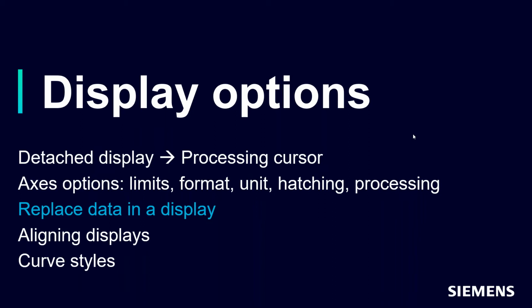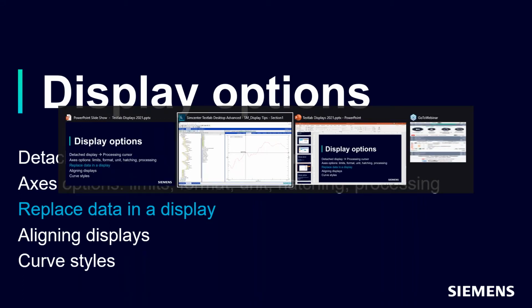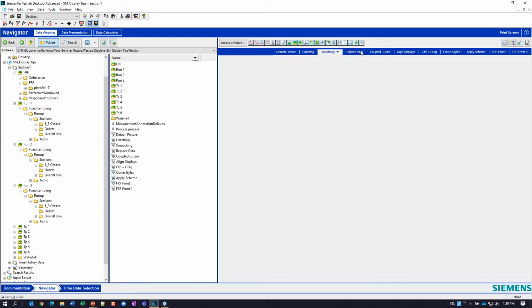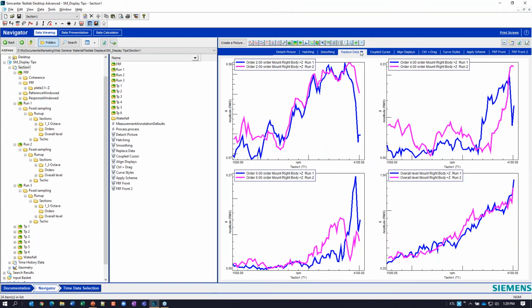Okay. So hopefully you see replace data in a display as highlighted as our next topic. So I'm going to go back to Test Lab here. And let's say I've got this display where I'm comparing second order, fourth order, and sixth order for a body mount, for run 1 versus run 2, as well as an overall level.